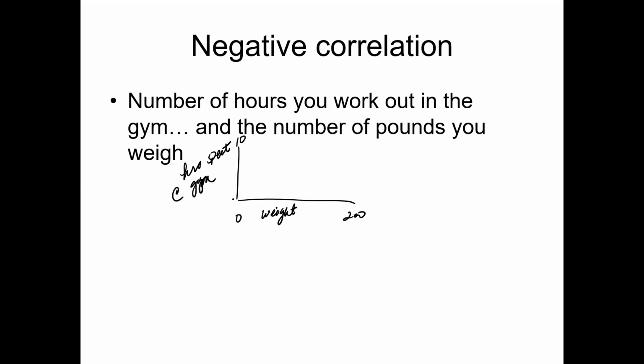Let's say you spend 10 hours at the gym. The more that you spend at the gym, the more weight that you will lose. So this is an example of a negative correlation.